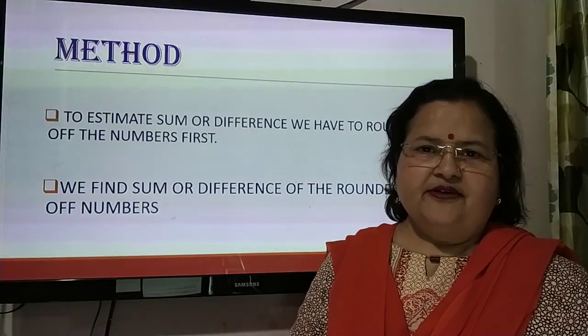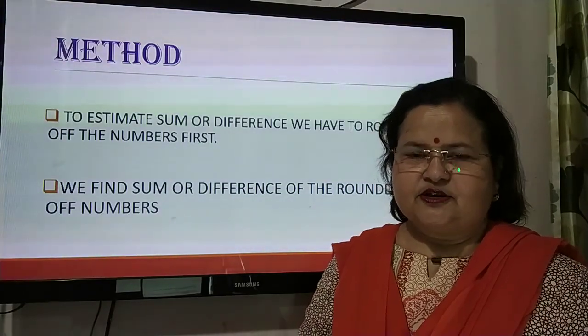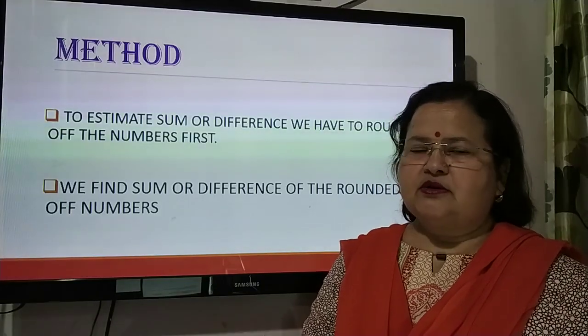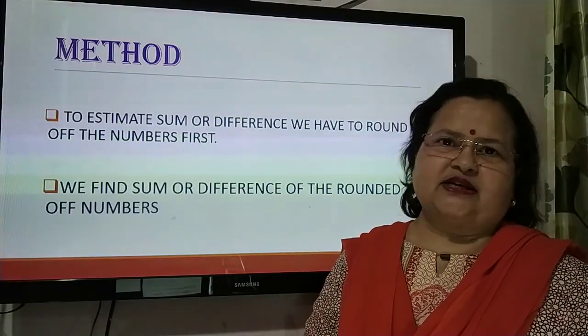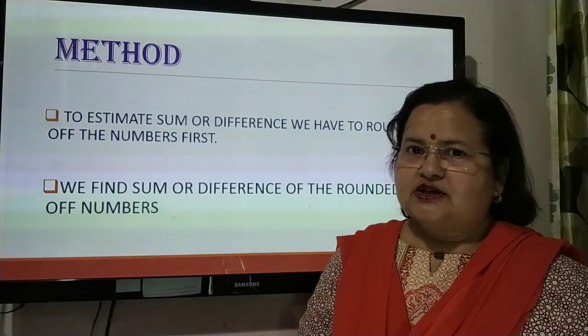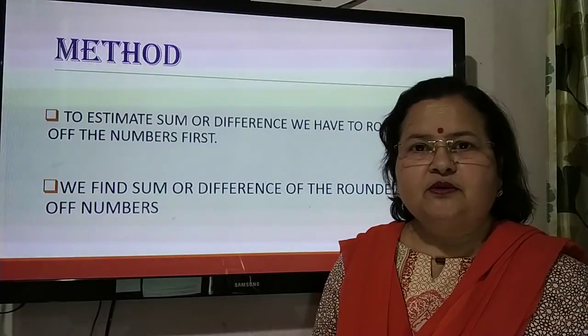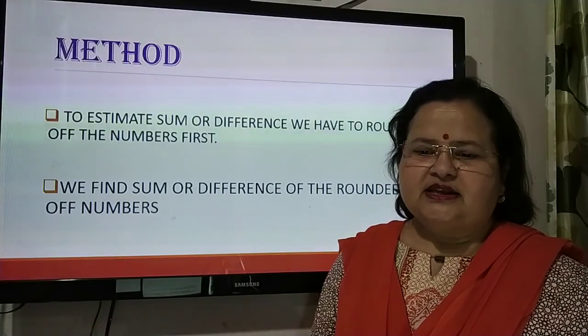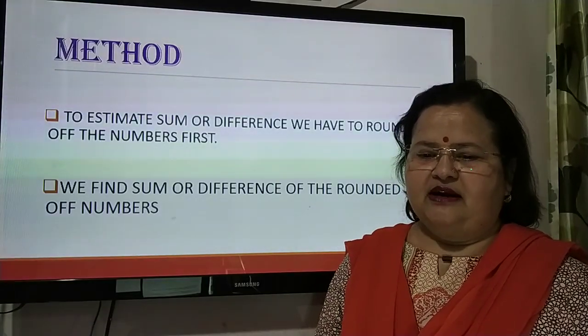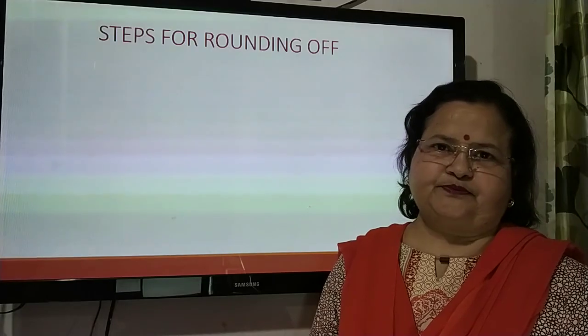We have done rounding off in our previous classes also, and as you could recall, we had 3 steps to it. So to start with the word problems, first we'll move over to rounding off and take the steps involved in rounding off.